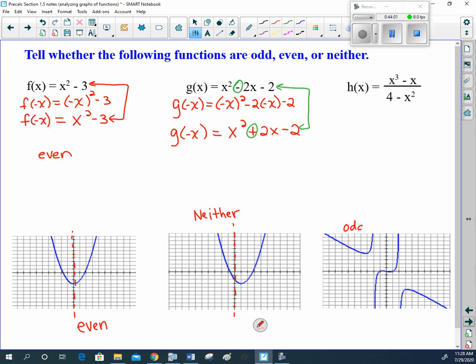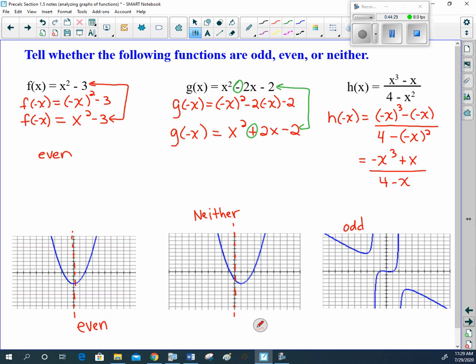Okay, let's see if we can make that match. This one is the hardest one to test algebraically. So if I'm going to test it algebraically, I'm going to put in the negative. So I'm going to go negative x to the third, like that. And then I'm going to go minus negative x squared. Okay, that turns out to be a minus x to the third plus x over 4 minus x squared.